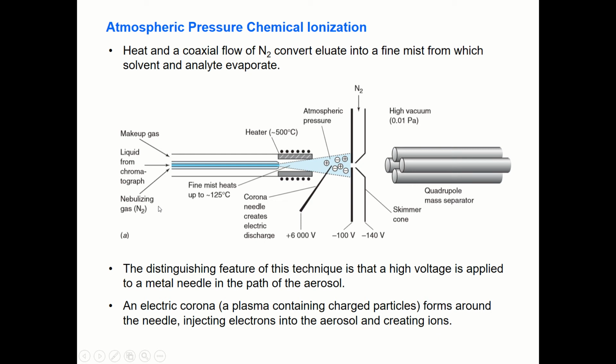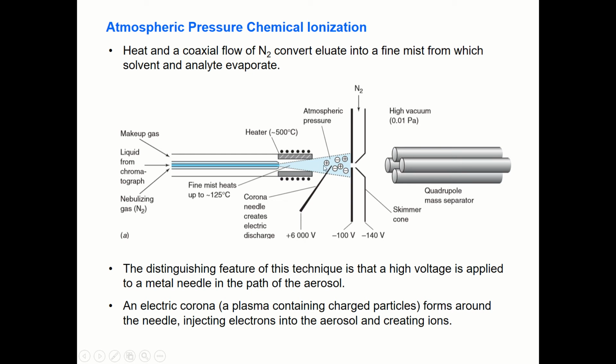This is a nebulizing gas. So at the tip of this needle nebulizer, there is a fine mist. And this part is maintained at a very high temperature, 500 degrees C.